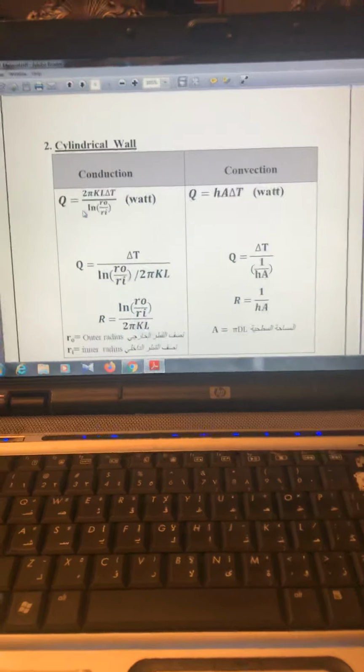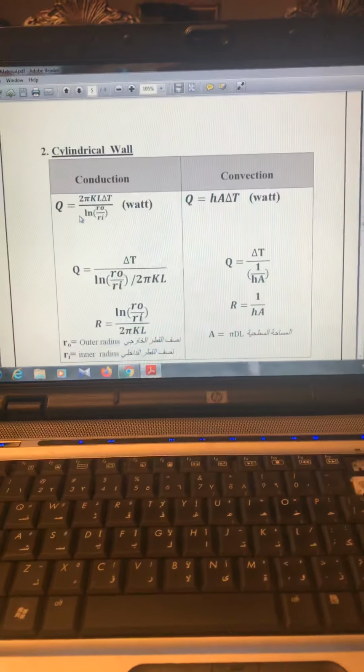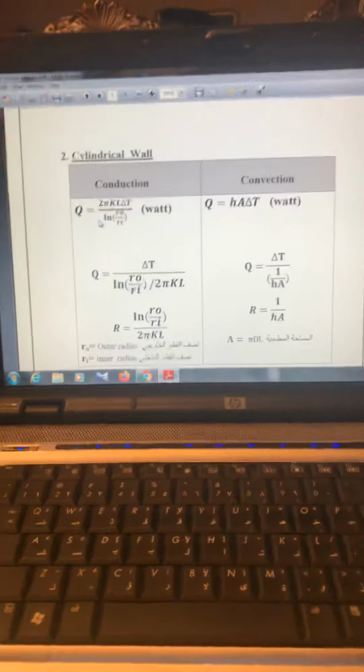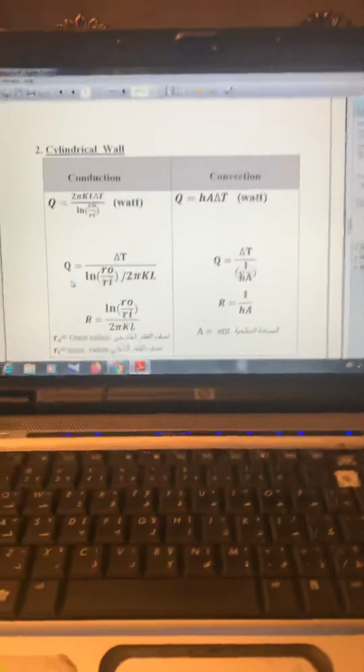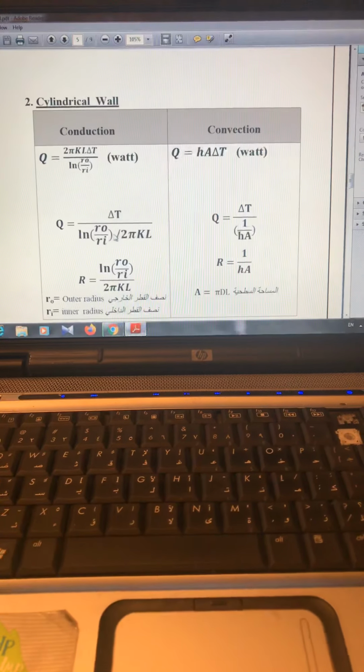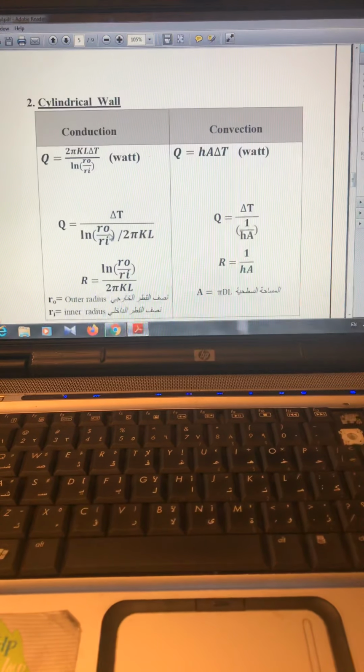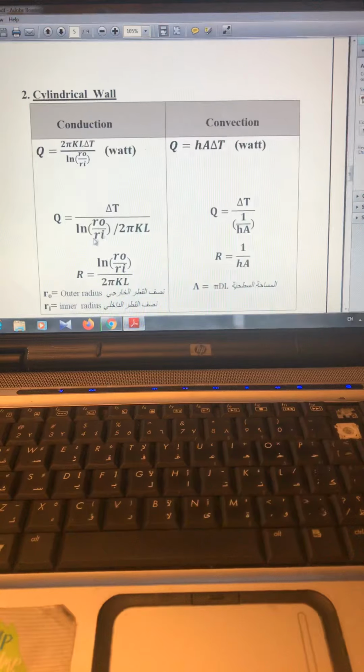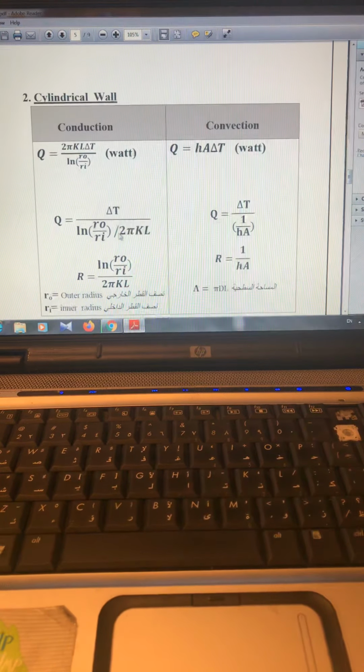So then if we make some substitution due to Ohm's law, we will find that Q equals delta T over ln RO over RI, the outer radius over the inner radius, over 2KL. I can write it to you here.